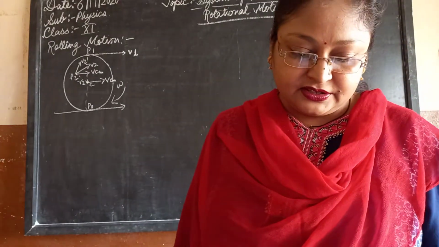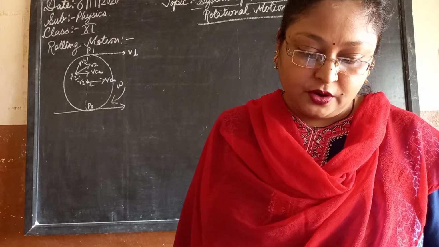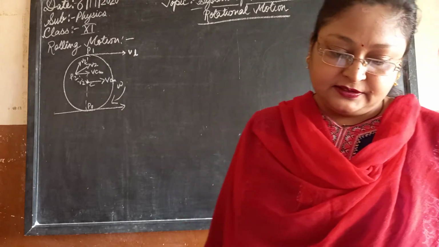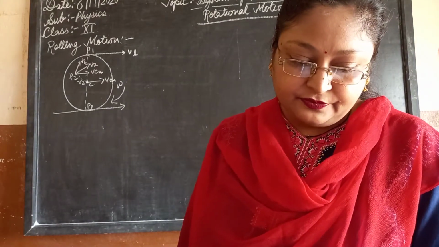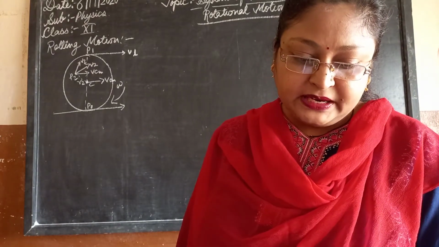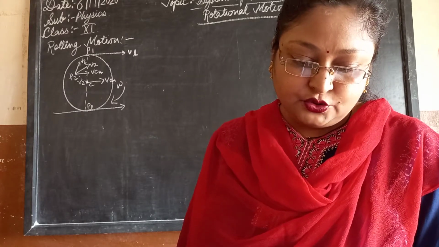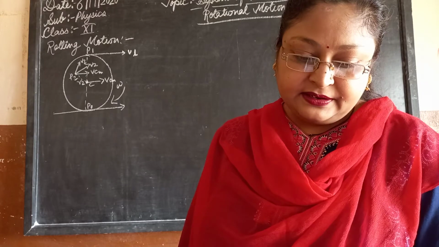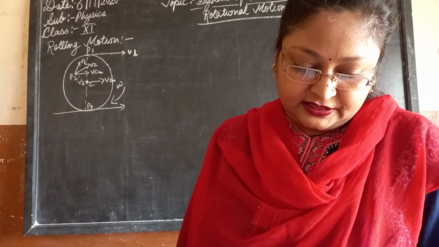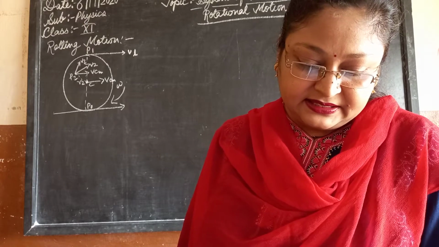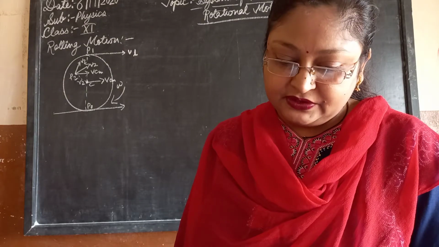So here we have R as the radius, from C to P2, and P1 is the position from P0 to P1, where the disc is moving, and it is moving with an angular velocity of omega, and its velocity is given by VCM equals R omega, which I have already told you in the previous chapter.